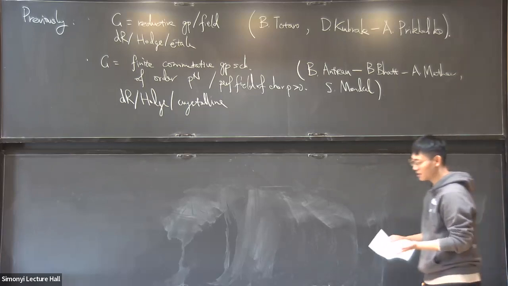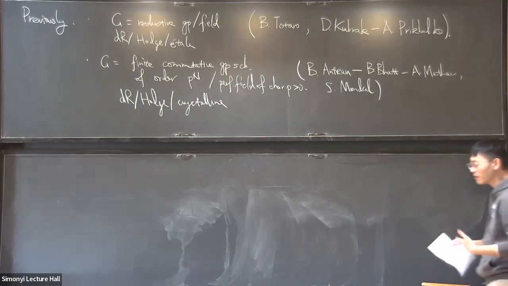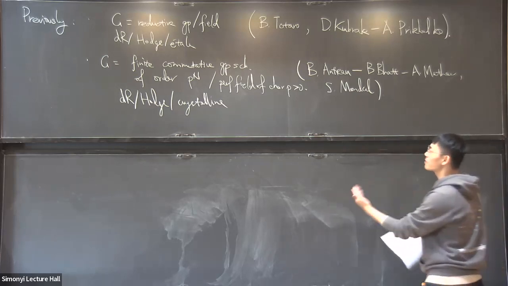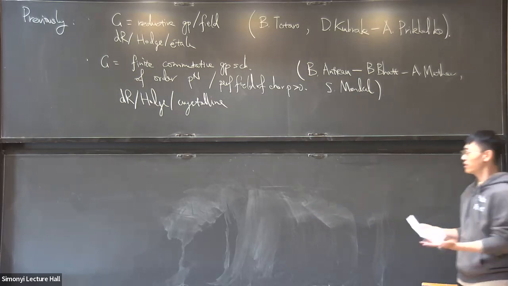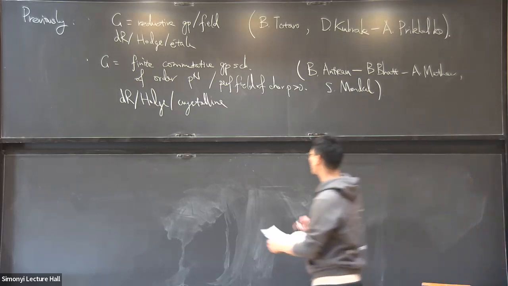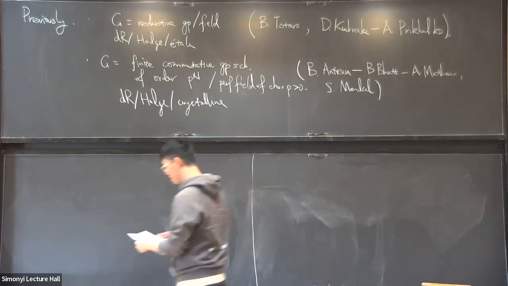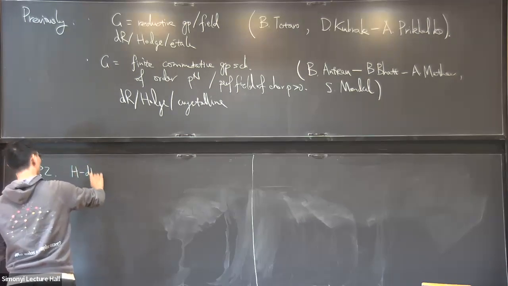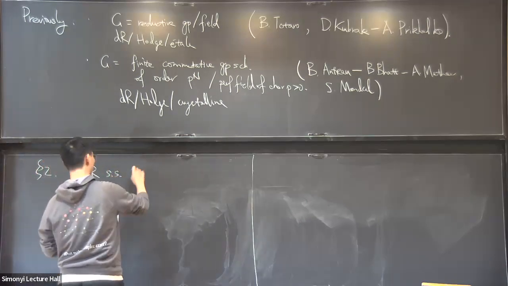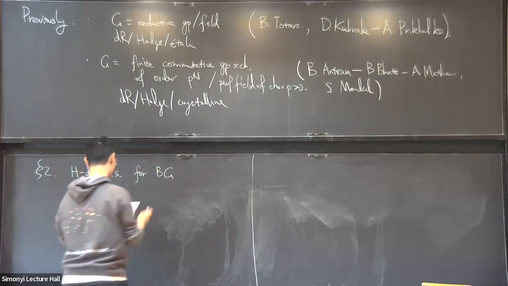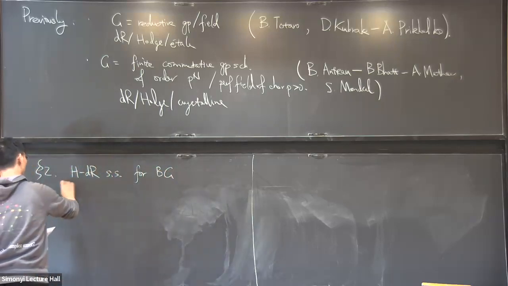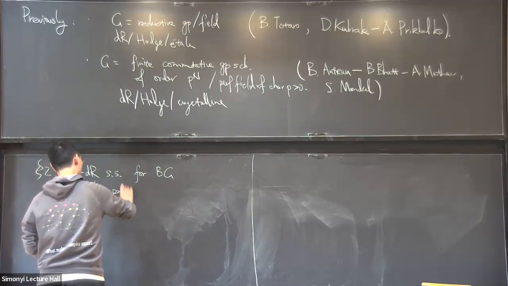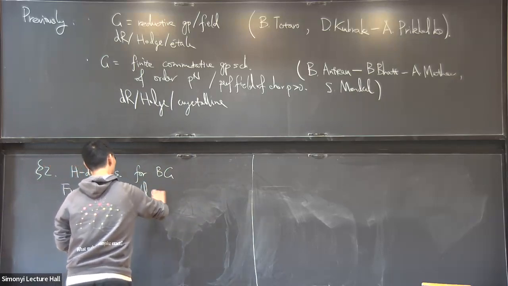There is a spectral sequence starting from Hodge cohomology converging to de Rham cohomology once you interpret the differential forms on BG correctly. So the Hodge-to-de Rham spectral sequence for BG is one of the things that interests us. For now, let me fix k, which is a perfect field of characteristic p.